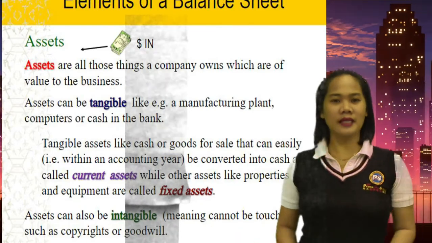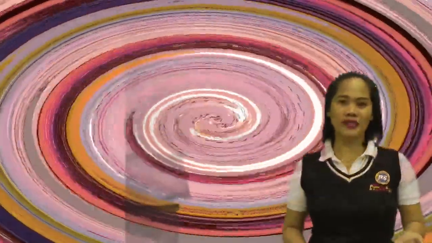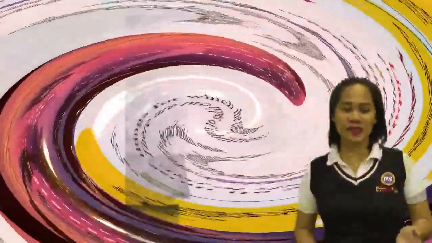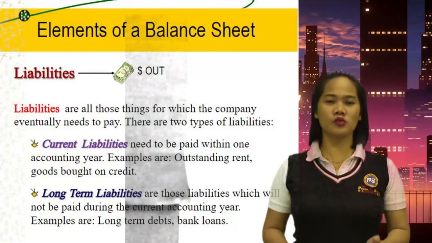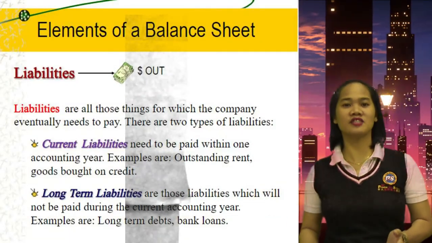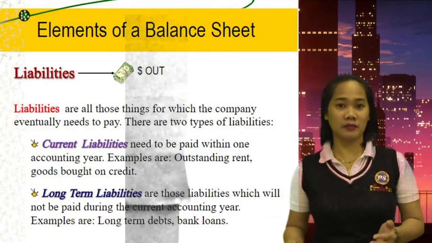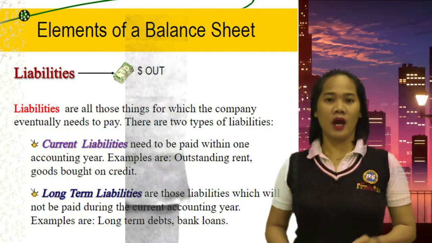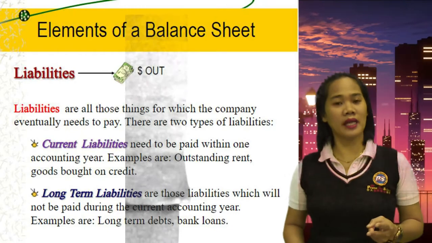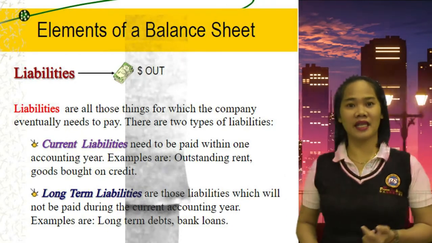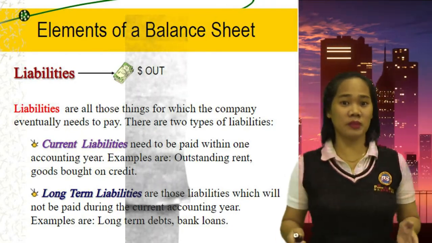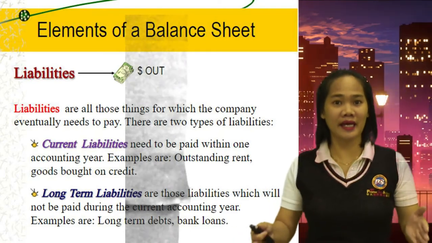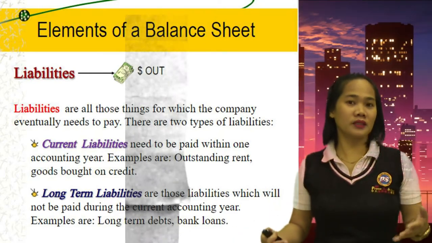Another element of the balance sheet is the liabilities. It means money out. So what does liability mean again? Those are the things which the company eventually needs to pay. It means the ones that we owe. What are the two types of liabilities? We have current liabilities, which need to be paid within one accounting year. What are examples?